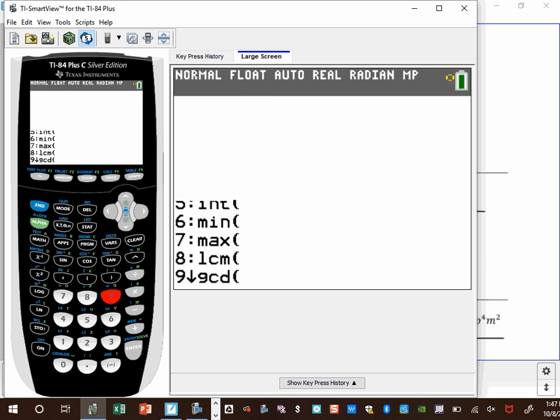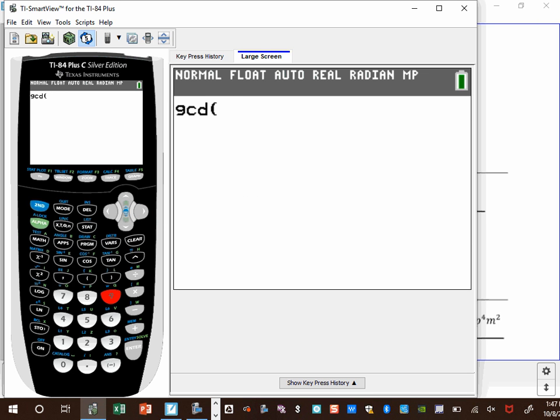Hit number 9, or you can scroll down, either way. And then we're going to type in our numbers. My number was 49, comma, which is above the 7, and then 7. And then close it out and hit enter. Did everyone get 7? Yeah.